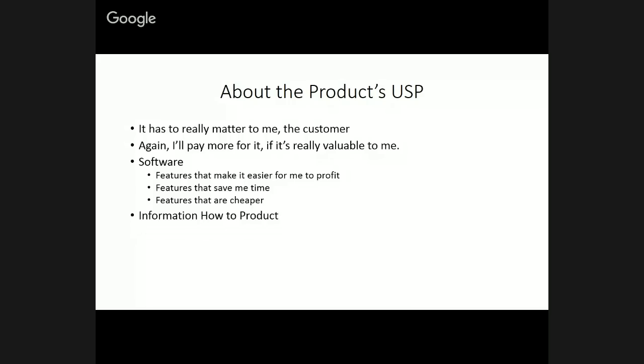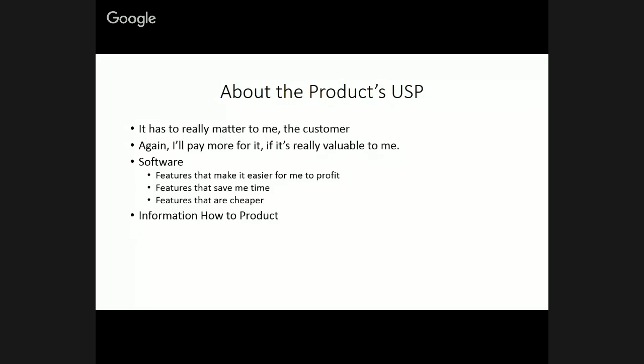People want to make more money, so they're looking at ways to do that, and if you can create something where people are going to learn something new, wonderful. But don't feel like you have to sell something to people that want to make more money. There are lots of people in the world that want to know stuff other than making money. So I just want to say that about information products and making sure your product has a USP.